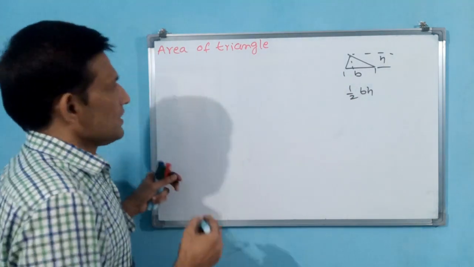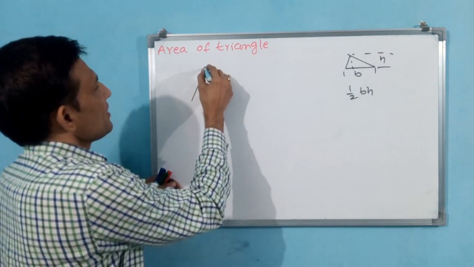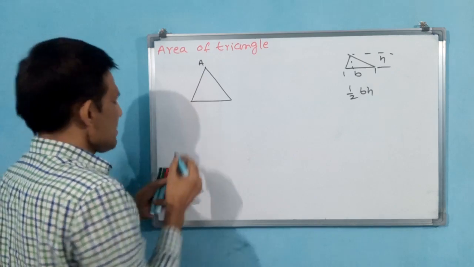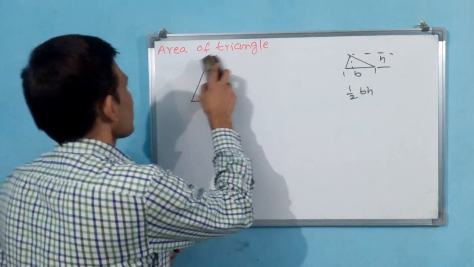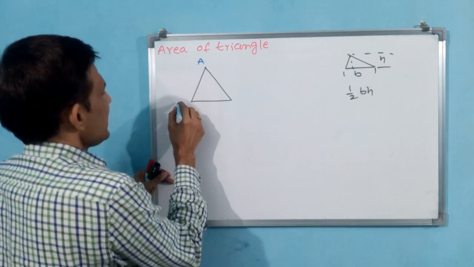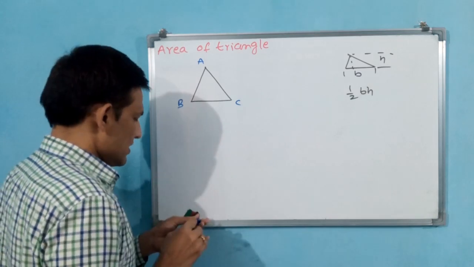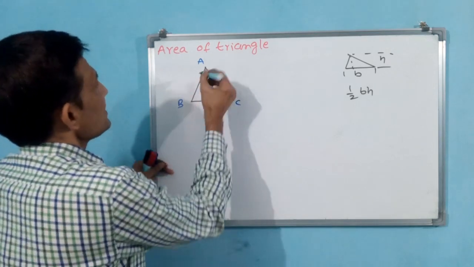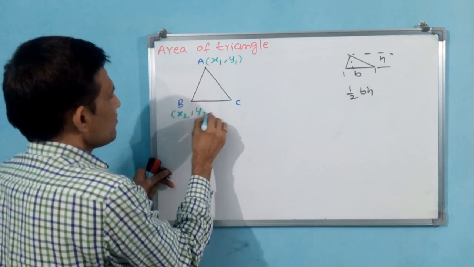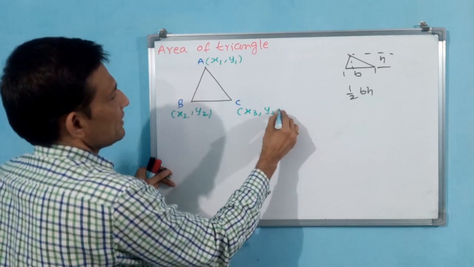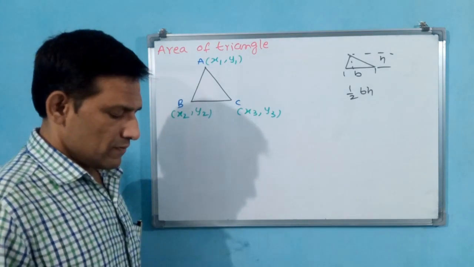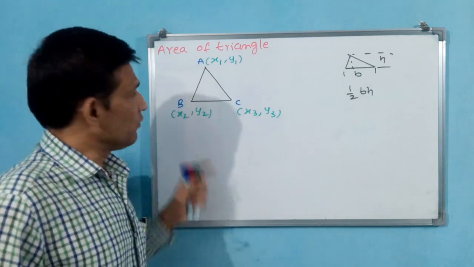Okay. In geometry or coordinate geometry, another formula also we learned. You see, these are vertices like A, B, C. This is vertex A, this is vertex B, this is vertex C. And these vertices you can represent as A(x1, y1), B(x2, y2), C(x3, y3). These three vertices are there. Then how to find the area if they give vertices?